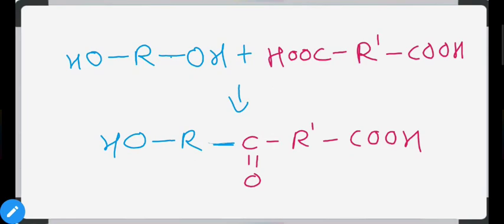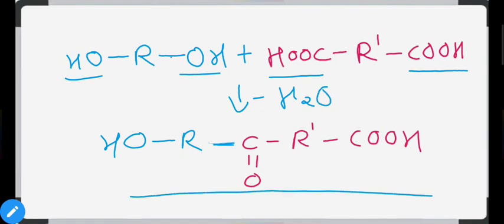So as we can see here, we have two different molecules. First molecule is bifunctional, it contains two alcoholic groups. Second molecule is also bifunctional, it contains two carboxylic acidic groups. So both of them will release water molecule, and it will end up something like this.